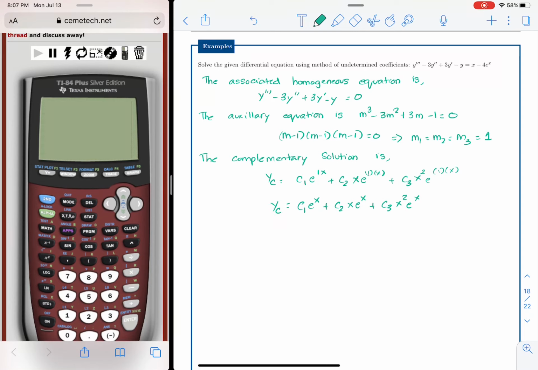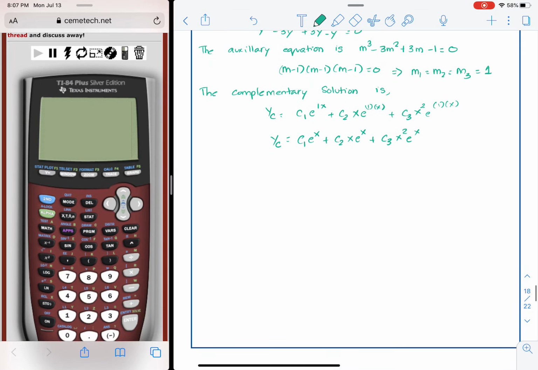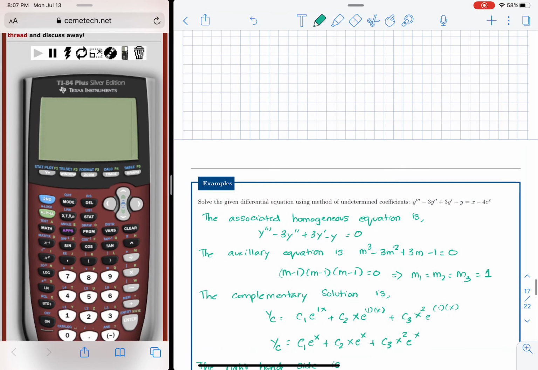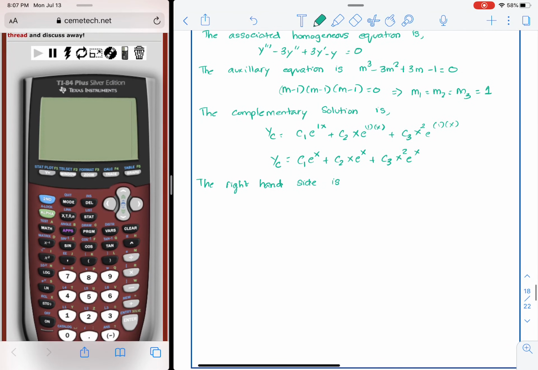So now that we have a complementary solution, our objective is to find the particular solution. The right-hand side is g of x equal to x minus 4 e raised x.